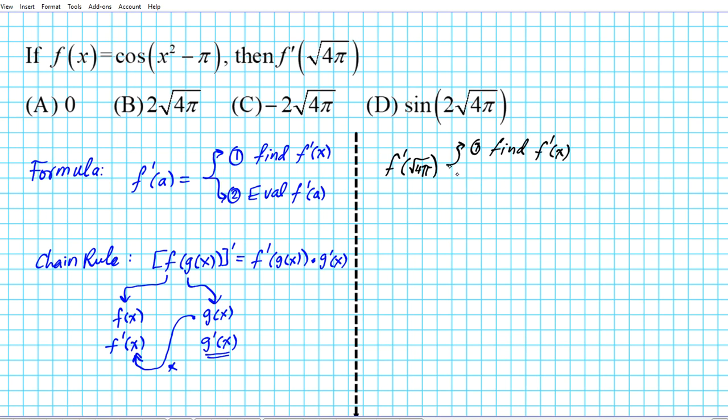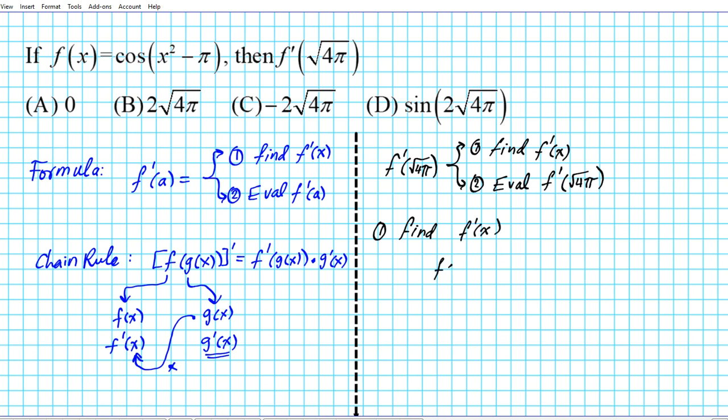And then secondly, we have to evaluate the derivative at a specific input value, which is root 4 pi. Alright, let's start with the first part, which is to find the derivative. So we want to find f prime of x.